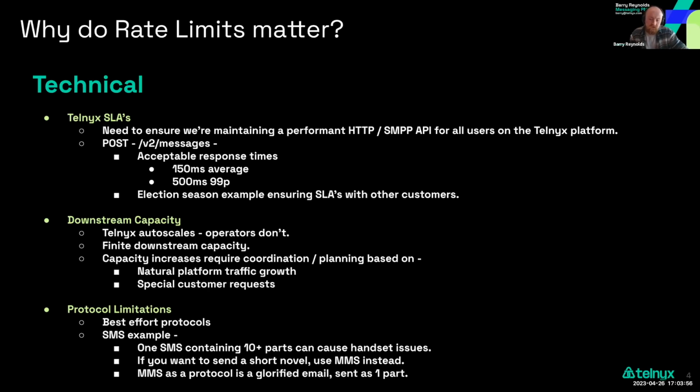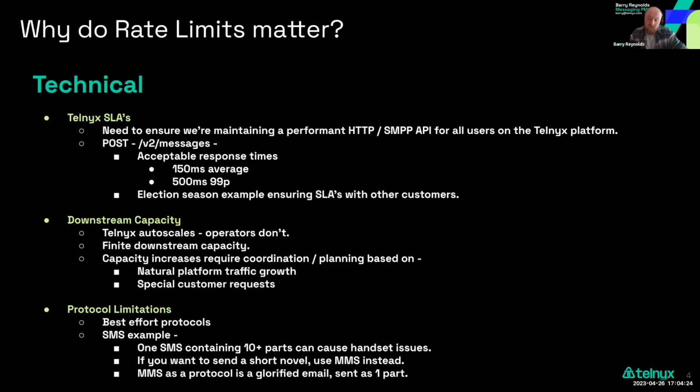So then we have downstream capacity. While Telnyx services auto scale with you as traffic goes up or down, the operators don't. And unfortunately, that dynamic isn't going to change anytime soon. Telnyx only has a finite amount of capacity with these providers, especially with MMS being such a resource-intensive protocol.